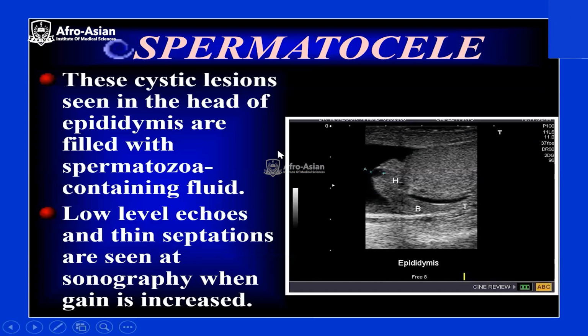Here you can see the head of epididymis, and on this area is a cyst. This is the cystic lesions seen in the head of the epididymis are filled with spermatozoa containing fluid. Low-level echoes and thin septations are seen at sonography when gain is increased.